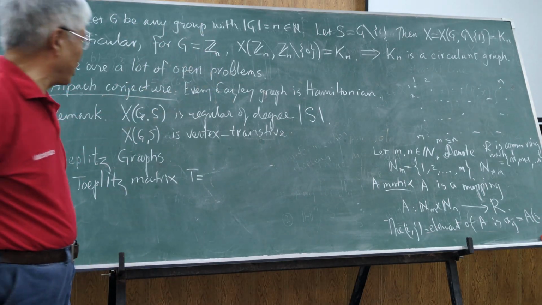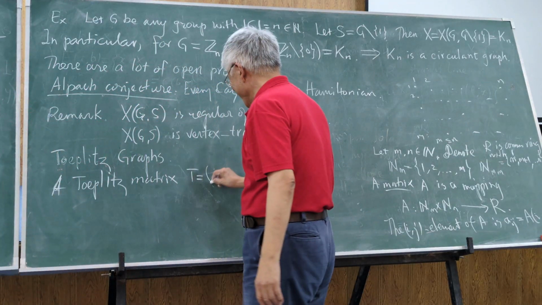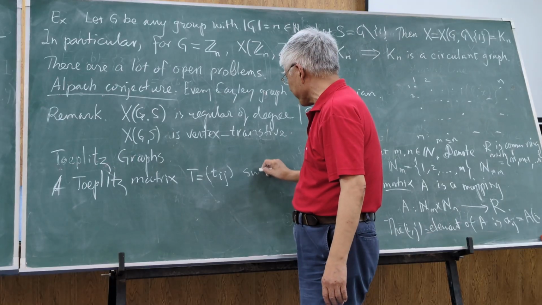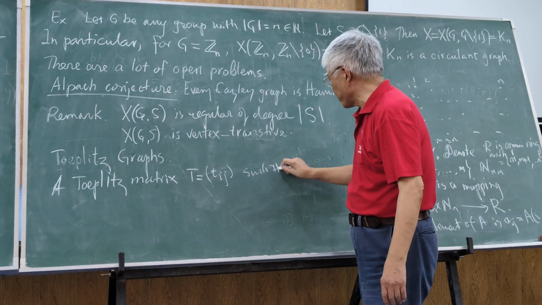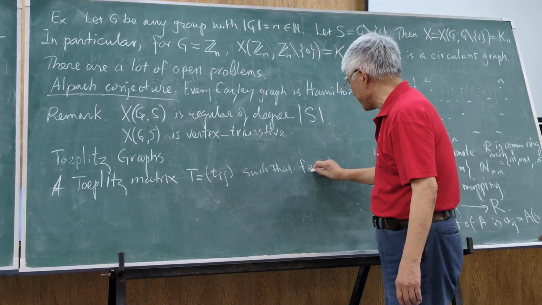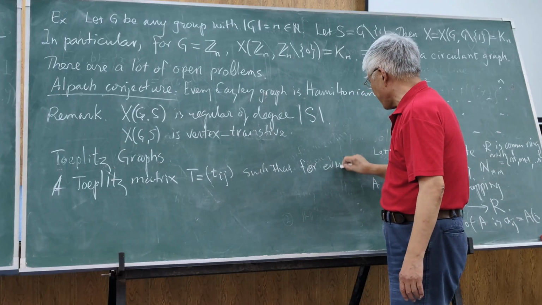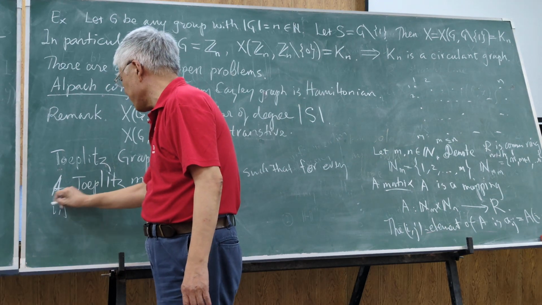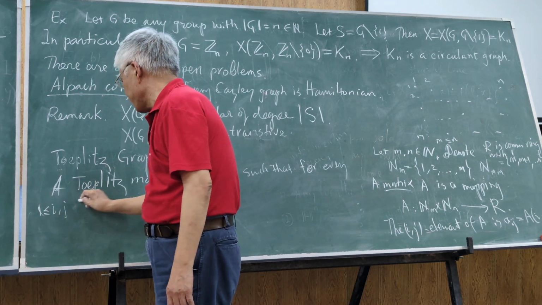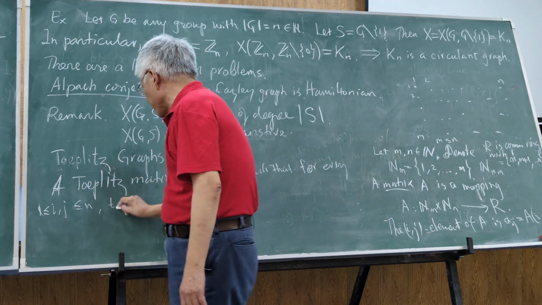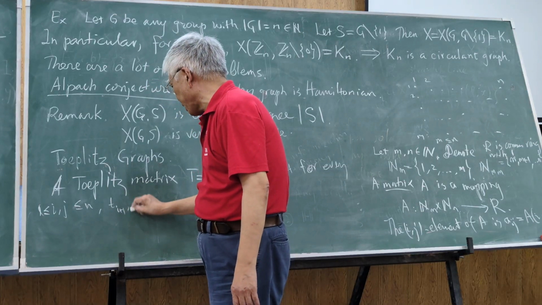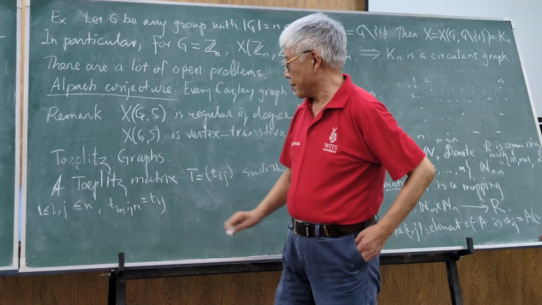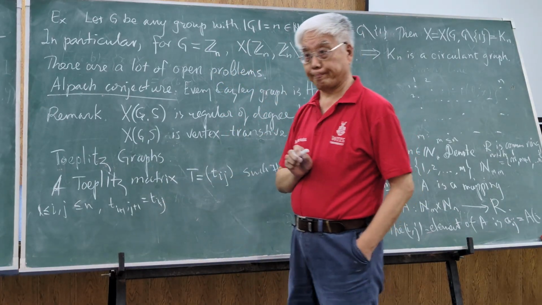Social science generality we don't care about. Consider T_ij, so its elements are small t_ij, such that for every i, j going from 1 to n, this is a square matrix, t_{i+1,j+1} is equal to t_ij. This is the definition of a Toeplitz matrix.